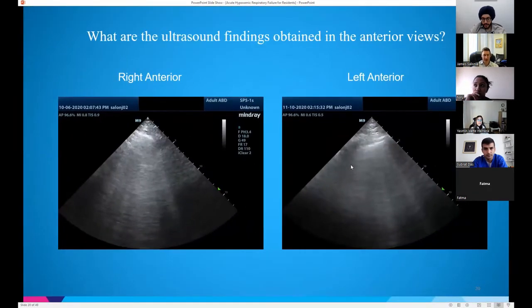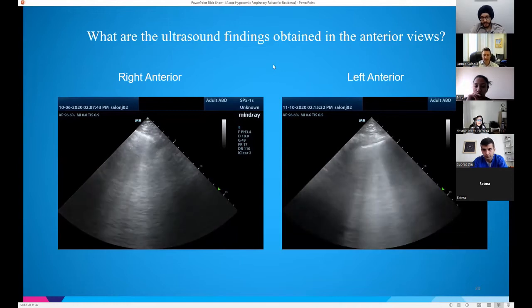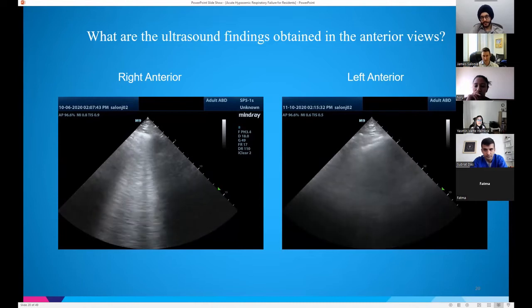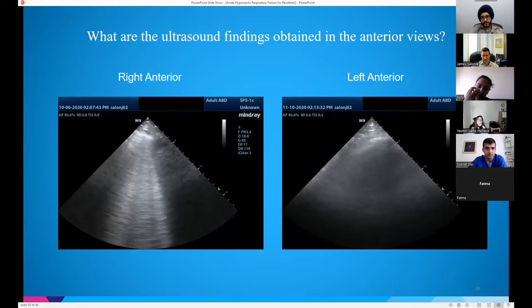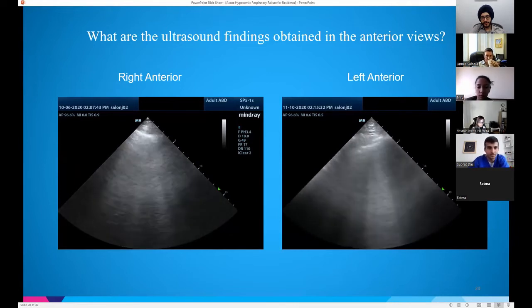So you guys are going down there, and you take the ultrasound with you, and you get these views. B profile bilaterally. Good, bilateral B profile, right?